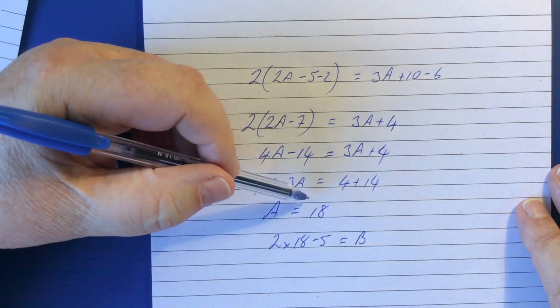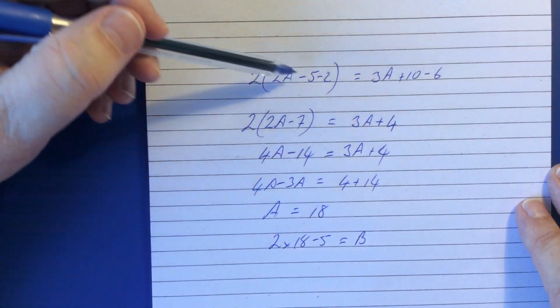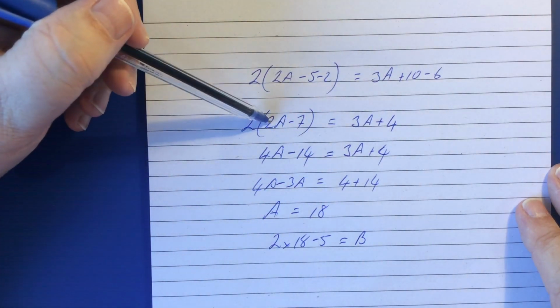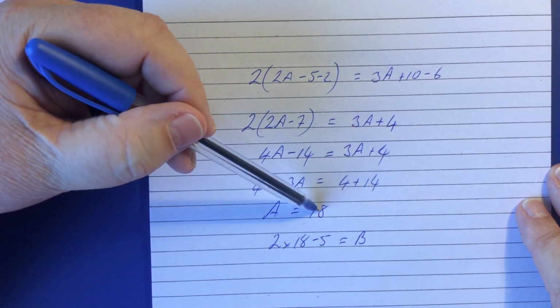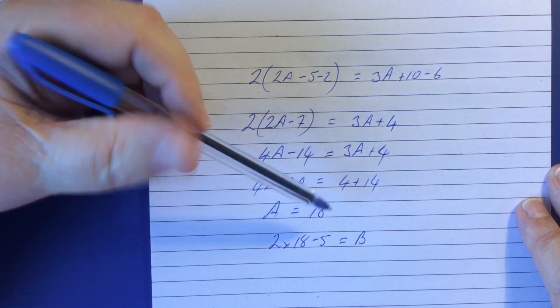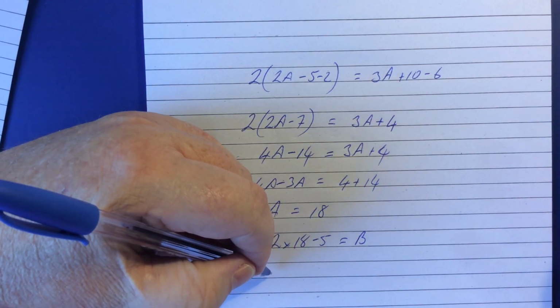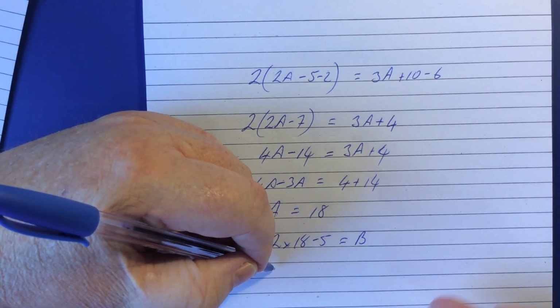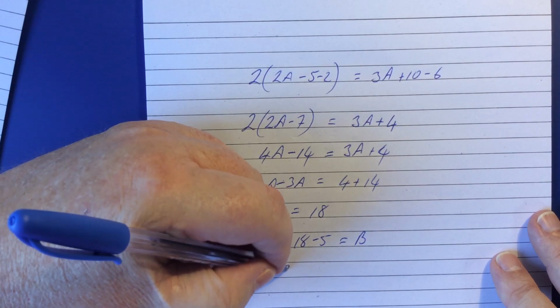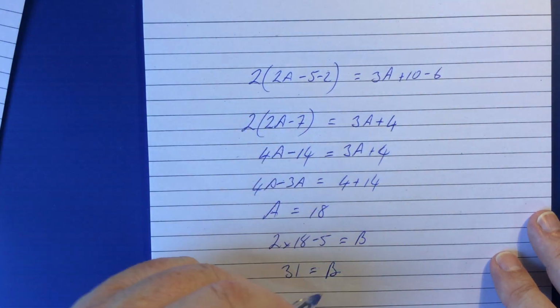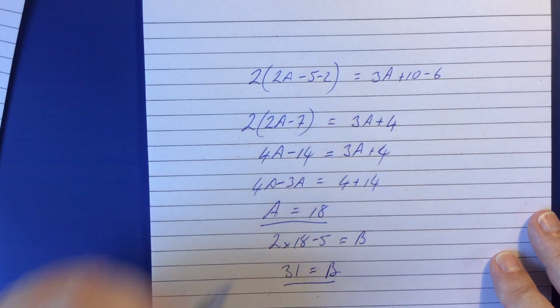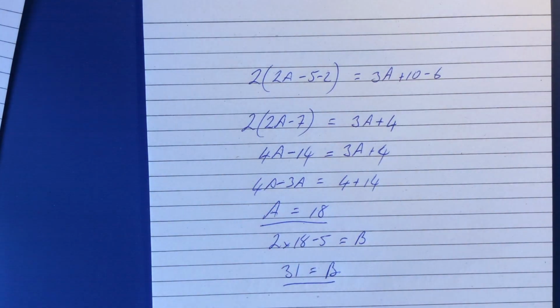Okay, so Anna is 18. How we got that was we had this equation set up here and we just set about systematically simplifying this until we got to the point where Anna is 18. So 2 times 18 is 36. 36 minus 5 is 31, and that is Bianca's age. That's our answer. The 2 women concerned are 18 and 31.